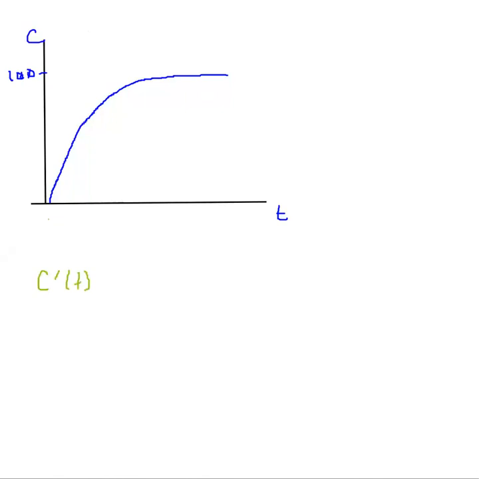And we can see that if we draw a graph of C prime of t. So it's very positive, and then it approaches 0. So this is going to be t, and this is going to be the rate of change of charge. So I start off charging very, very quickly.